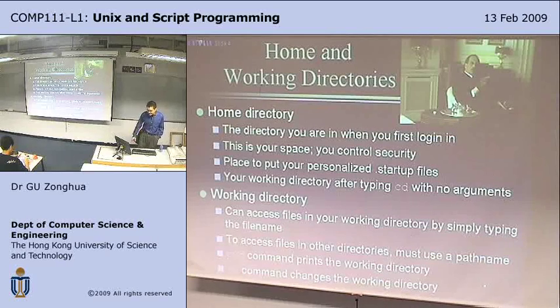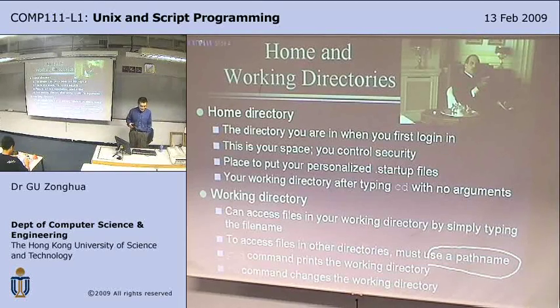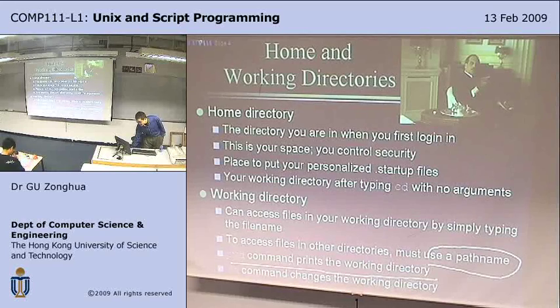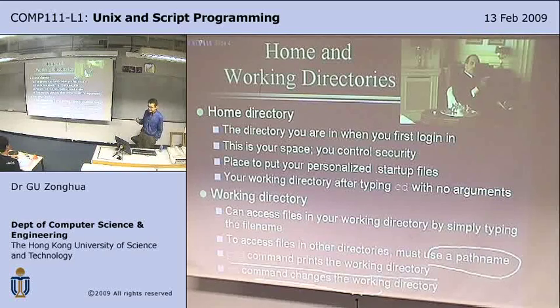So now, to access files in other directories, you must use the path name. Path name is a concatenation of directory names and file name. pwd prints the working directory, that is where you are right now, and cd changes the working directory. You cd to another directory.